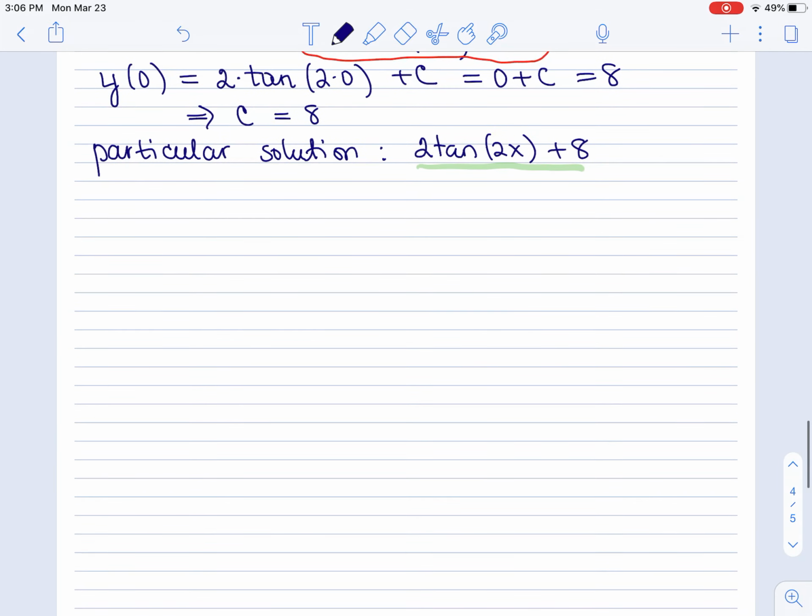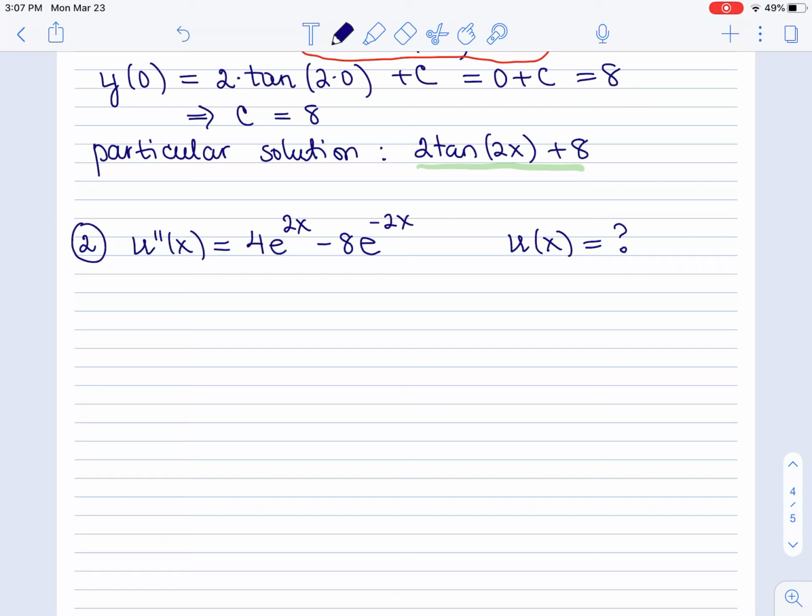Now, what if we have the following? Let's say the second derivative is given, and it's 4e to the 2x minus 8e to the negative 2x. Remember, we need to find u of x so that it satisfies this equation, so the second derivative of u is this.